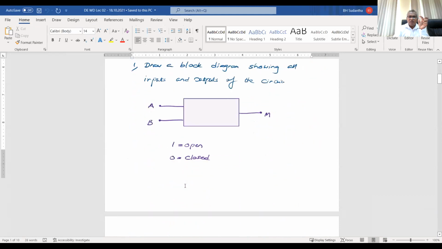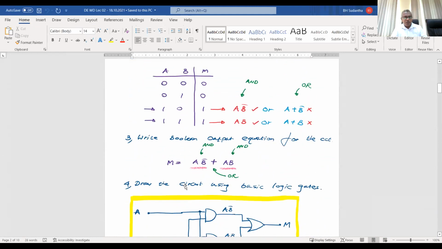We tried this very simple one, and this was the final equation we got: M equals AB bar plus AB.